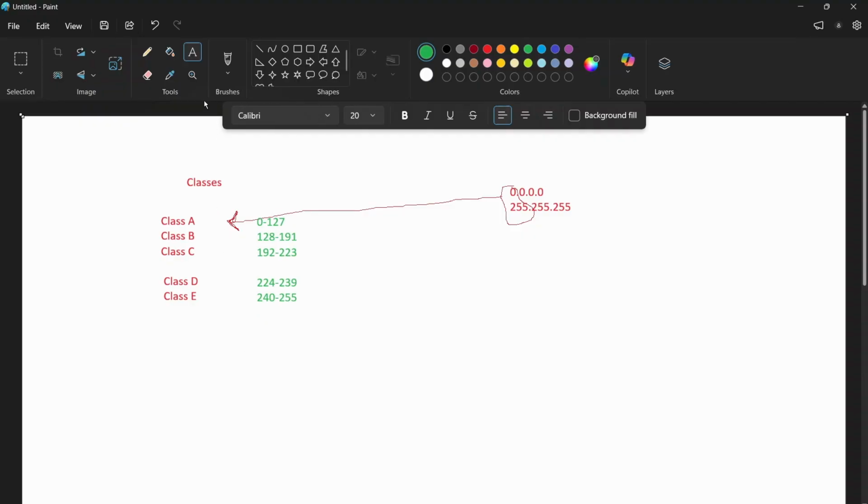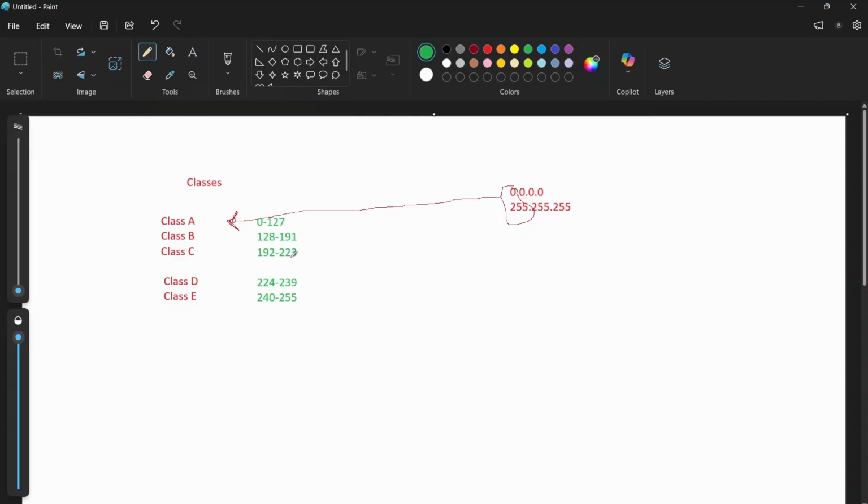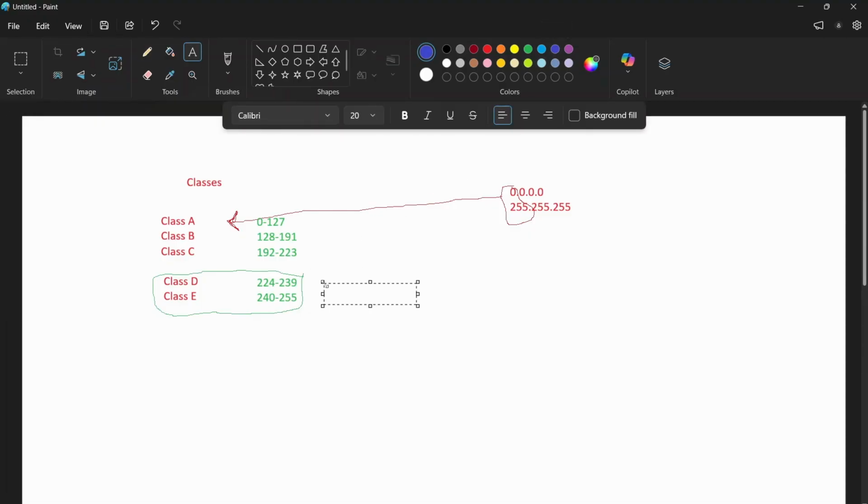In real time, we won't use Class D and Class E. They kept them for research and development, R&D purposes. Class A, Class B, and Class C we are using.